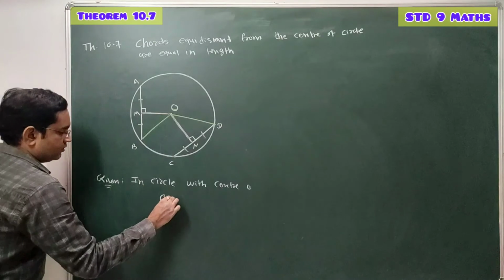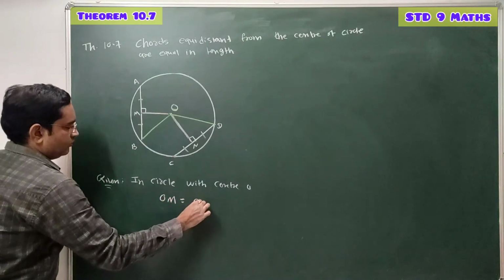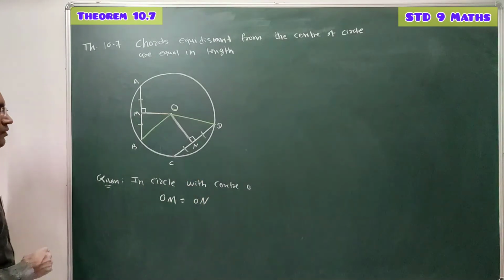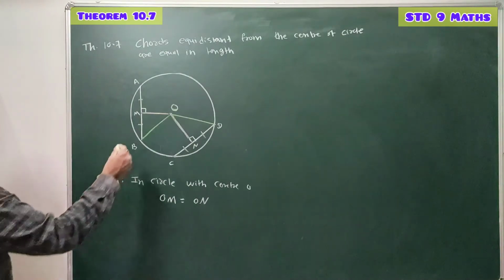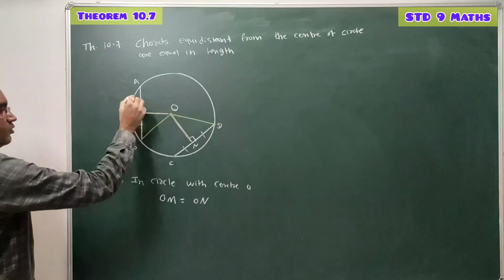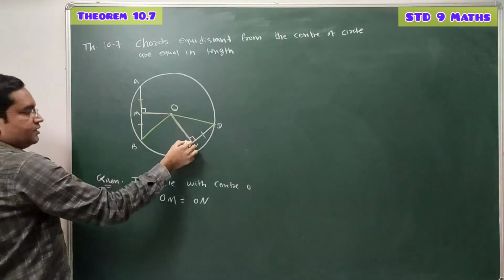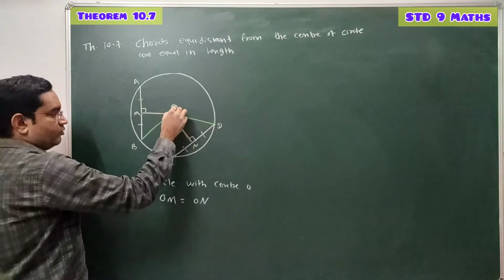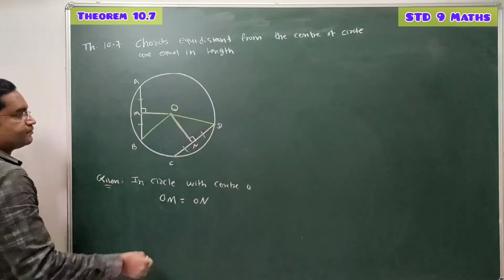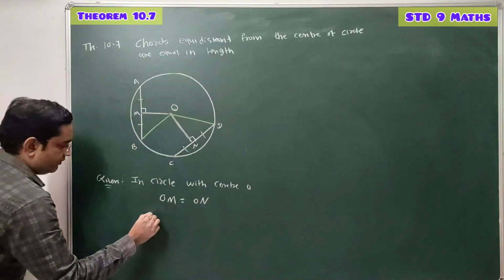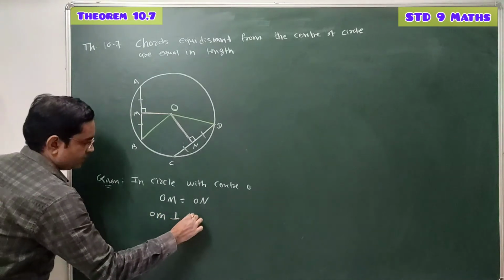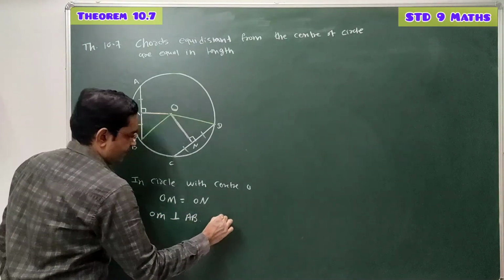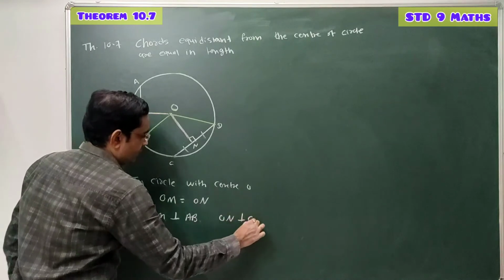So OM equal to ON is given. What is OM? OM is the distance of the chord from the center. That means OM is the perpendicular drawn from the center to the chord, and ON is the distance of chord CD from O. So we can write OM is perpendicular to AB and ON is perpendicular to CD.